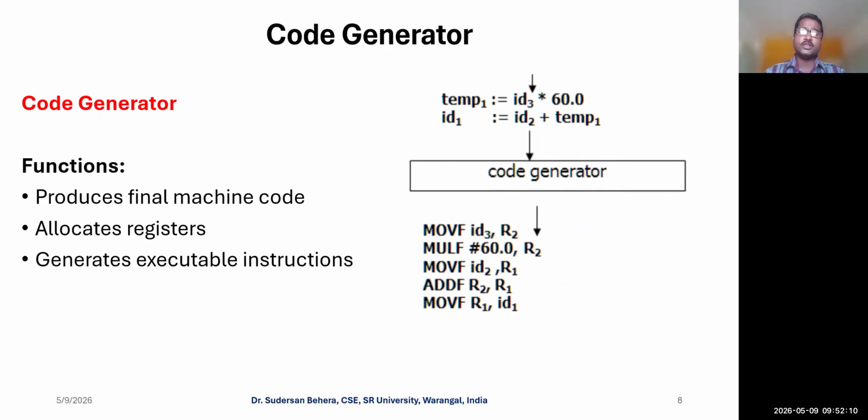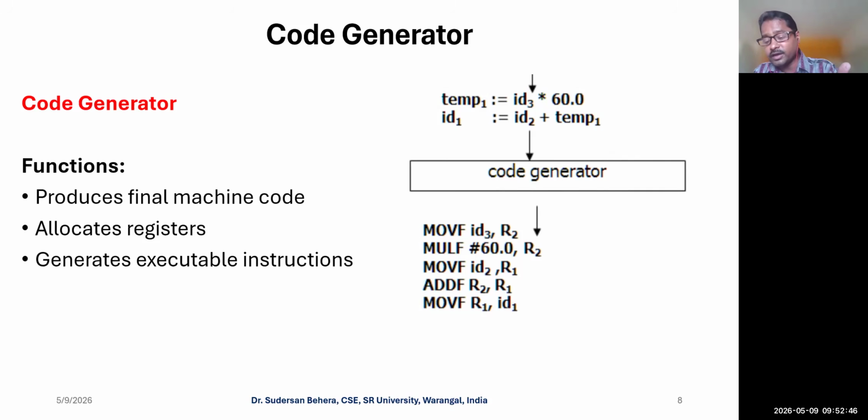Remember, this code generator phase takes optimized code as an input, and it performs register allocation along with the instruction set present in the system, to perform real-time calculation and store the value in the memory. So it produces the final machine code.